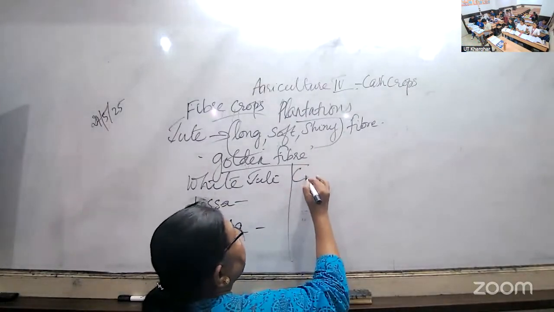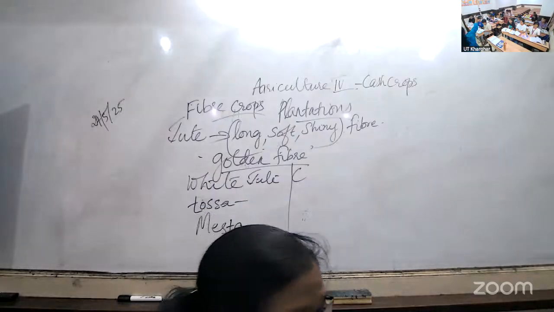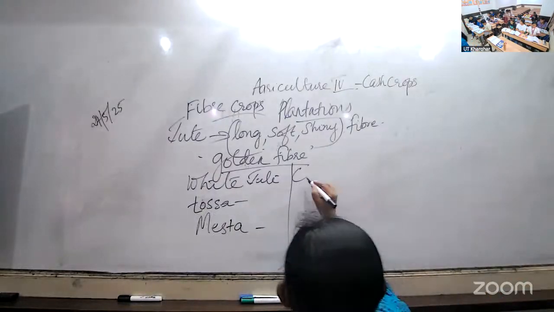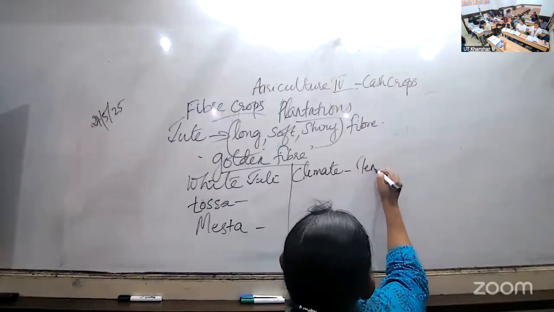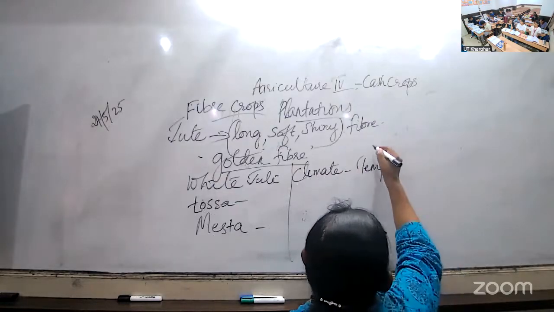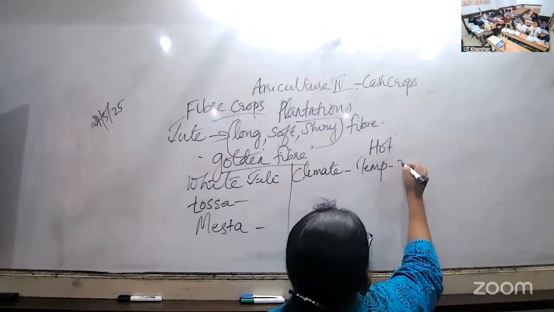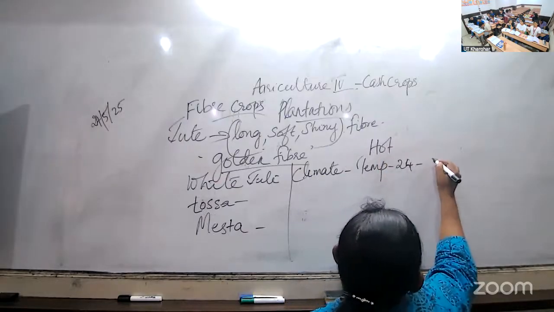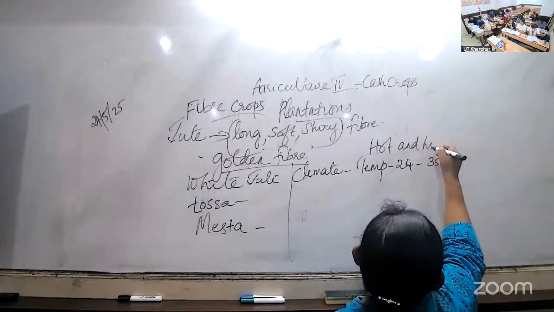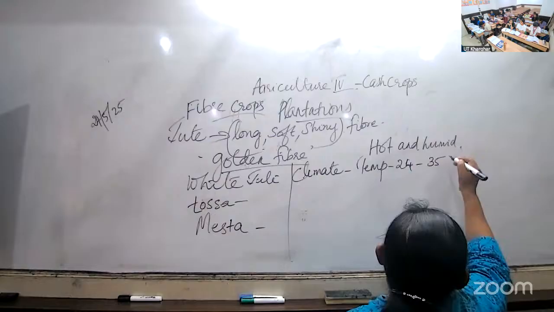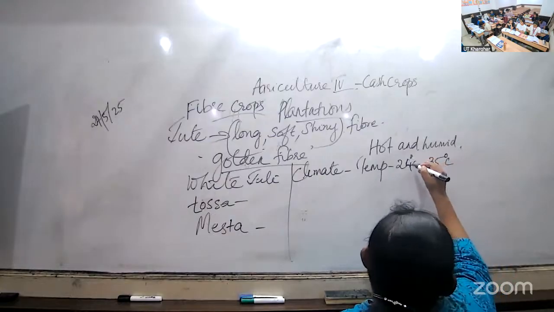Now, what are the climatic conditions? Read. Climate. Nature: temperature 24 to 35 degrees, hot and humid climate, with humidity of 90%.